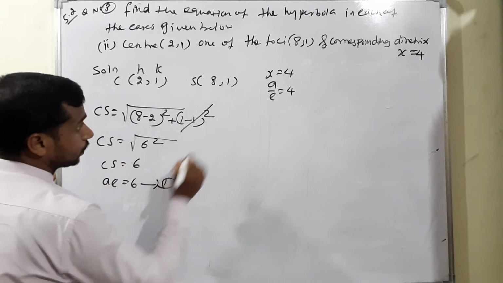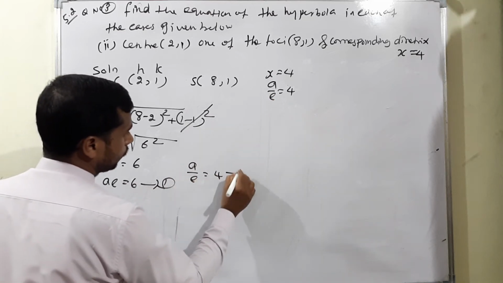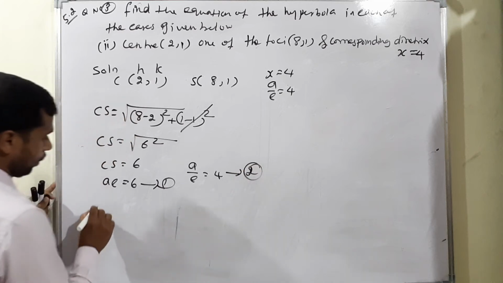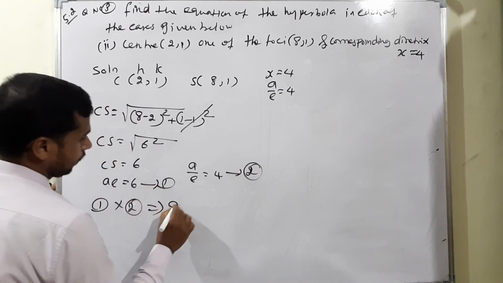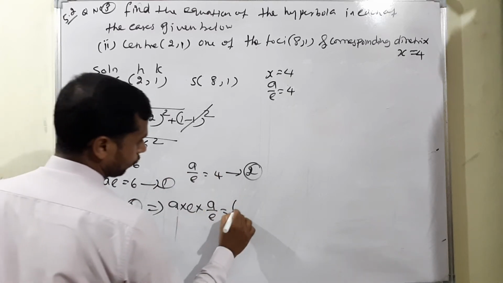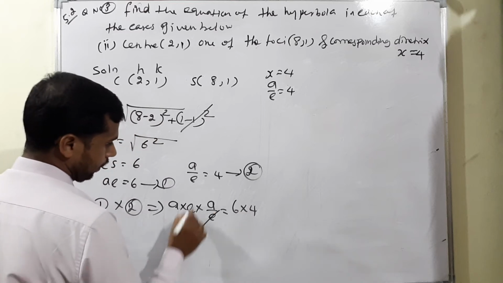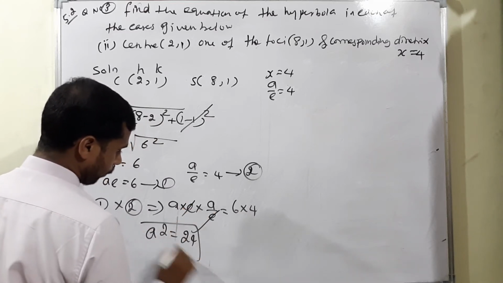This is considered equation number 1. Second condition, the directrix a by e is equal to 4. This is considered equation number 2. So equation 1 into 2, what will happen? Left hand side AE into a by e is equal to 6 into 4. Again the e's cancel, then a square is equal to 6 into 4, that is 24.